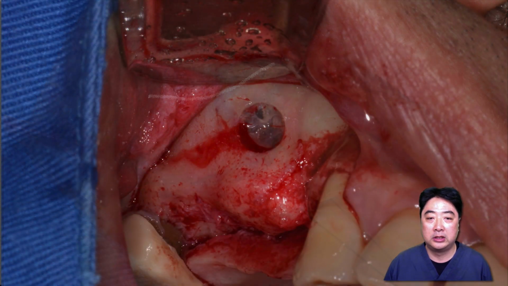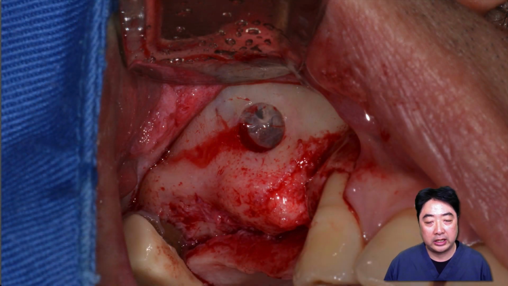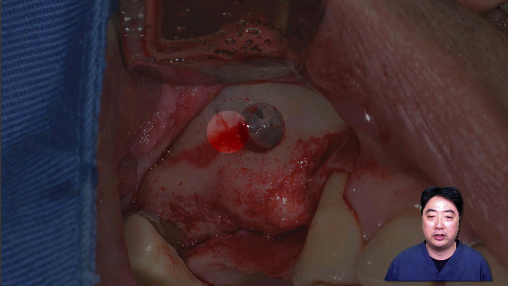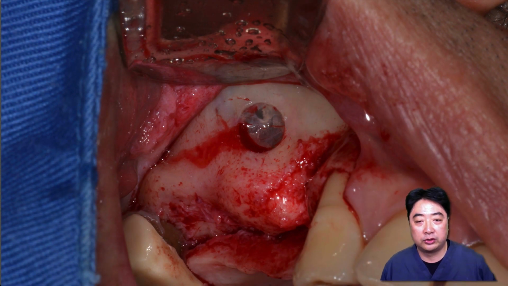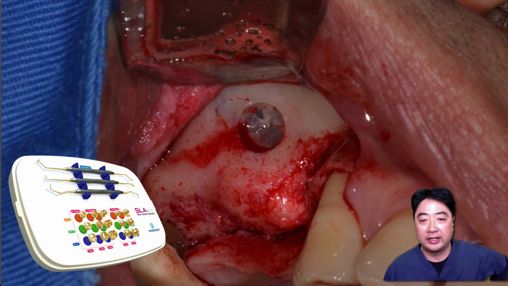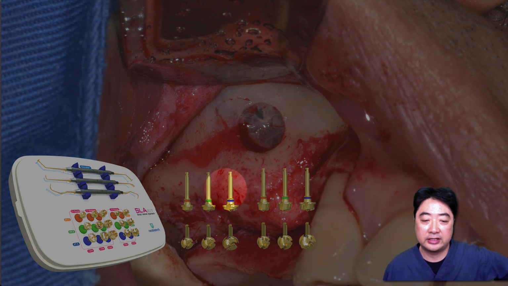Then I opened the maxillary sinus. I made a bony window here, as far forward as possible, as mesial as possible, and as low as possible. I made the osteotomy like a window with the SLA kit from Neobiotech, which I love, and I used the LS limmer.